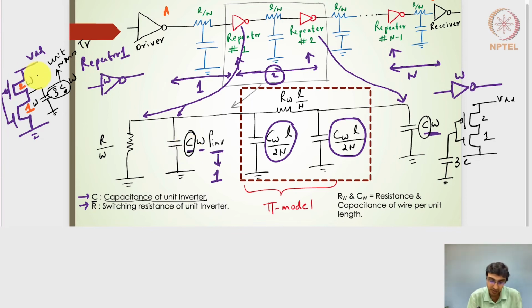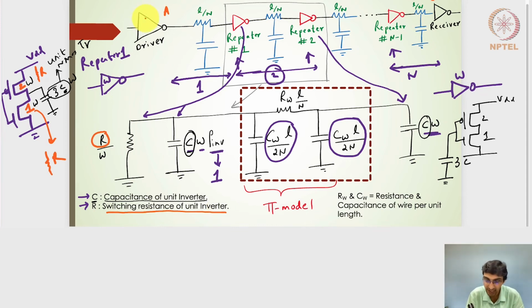The switching resistance of the unit inverter will be nothing but R. And then if it is scaled by W times, I will have R by W. So that's what I have written, the switching resistance of the unit inverter. So I hope the RW, CW, R and C values are clear at this point.